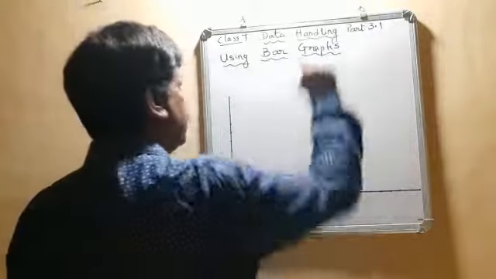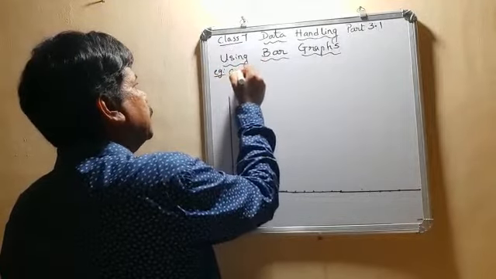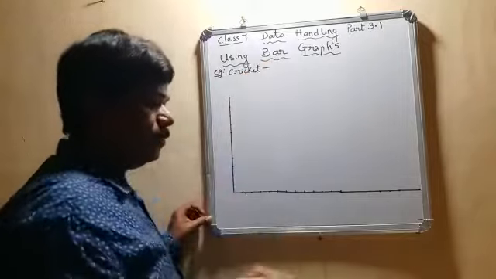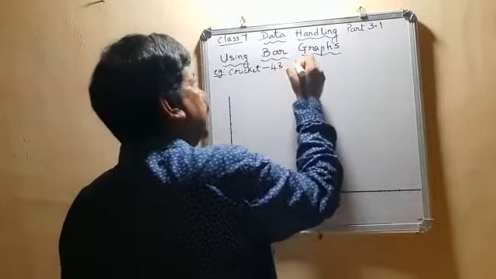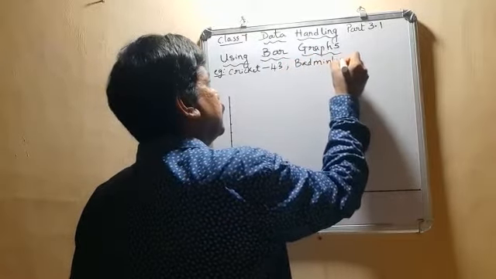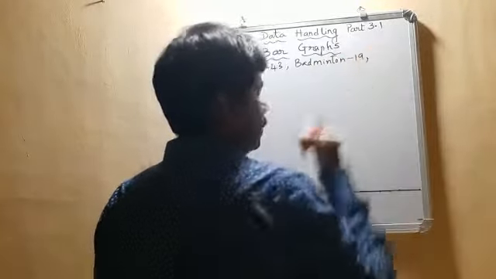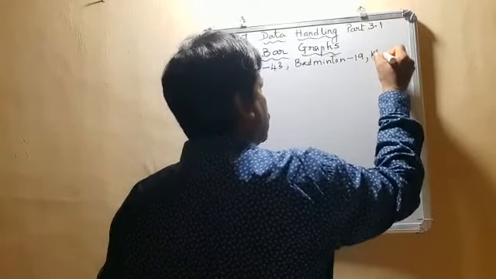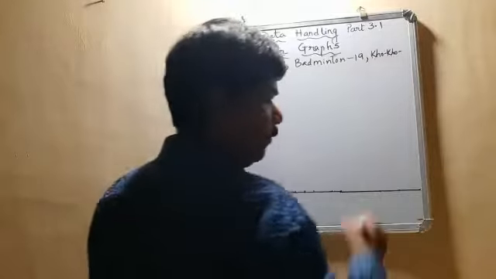So, let us consider the first one. Example, cricket was liked by 43 students. Badminton by 19 students. Kho Kho by 55 students.